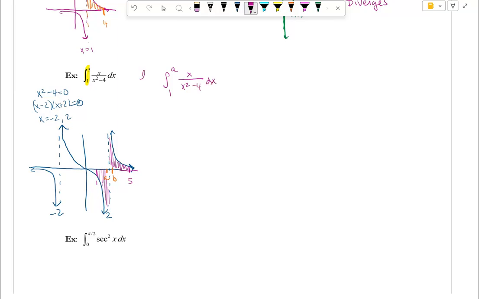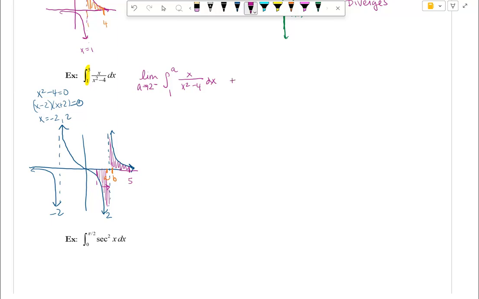And again, we're going to limit that so that a approaches 2. Notice we're coming from the left-hand side of the asymptote, so we're headed towards 2 from the left. I need to show that in my limit.